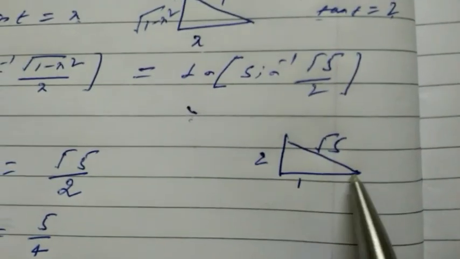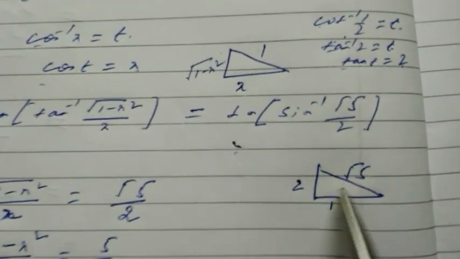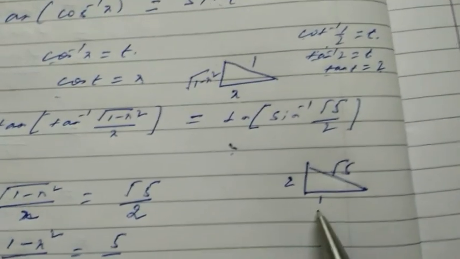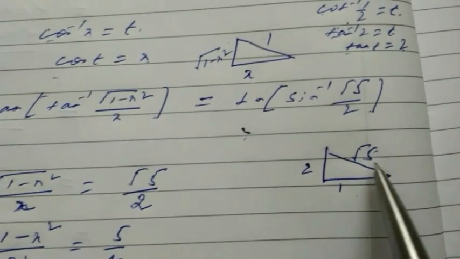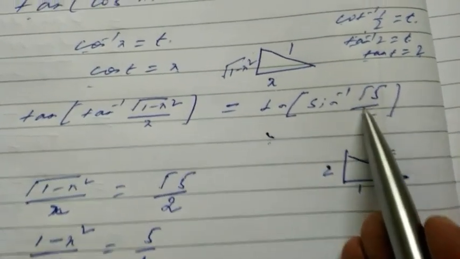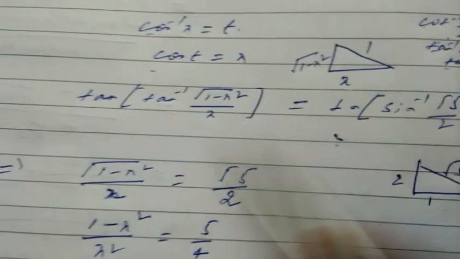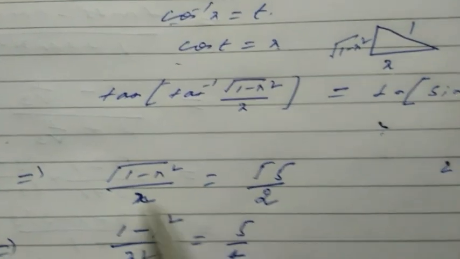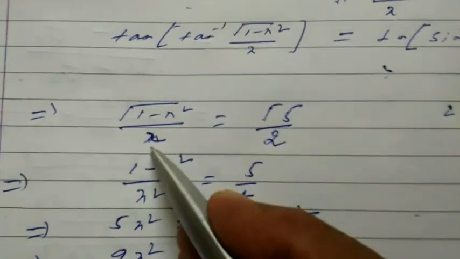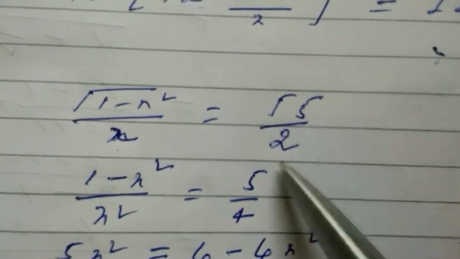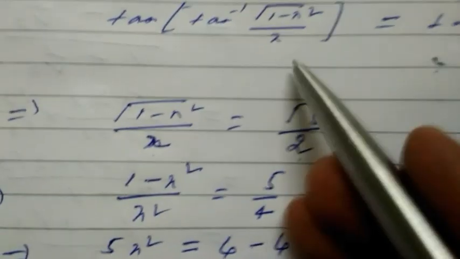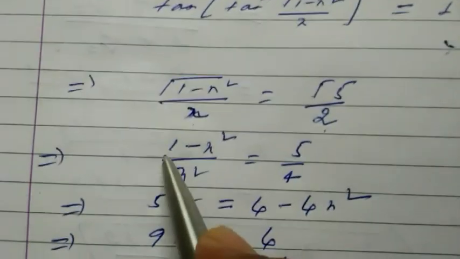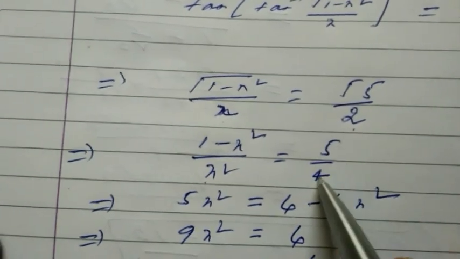In this also we make a triangle with 2 as perpendicular and 1 as base, find the hypotenuse, and we can define the sine. So on both sides we have the conversion, and it will be root under 1 minus x square upon x equal to root 5 by 2... Squaring both sides, 1 minus x square upon x square is 5 by 4.